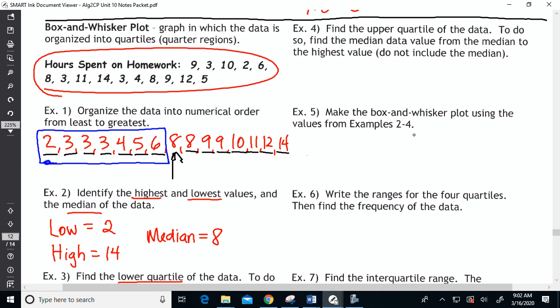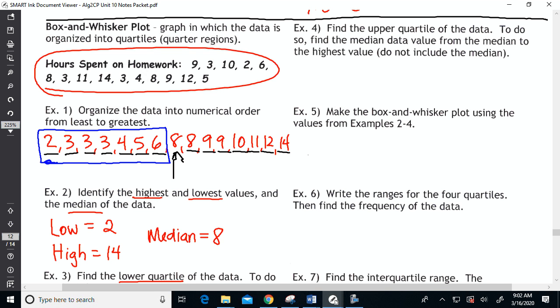So example 4, now we find the upper quartile. So it's pretty much the same steps, except now you go from the median to the highest value, but you still do not include the median. Remember the median is not included.